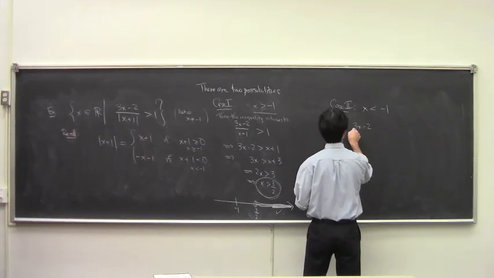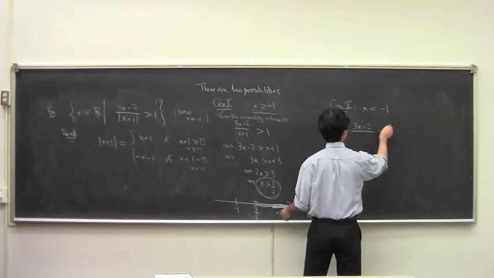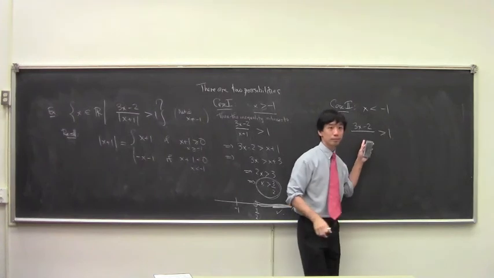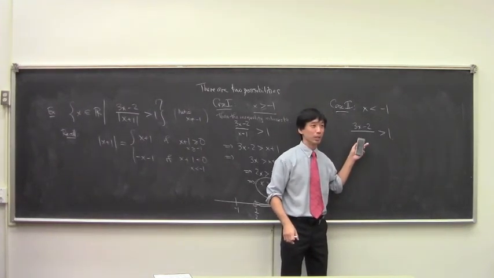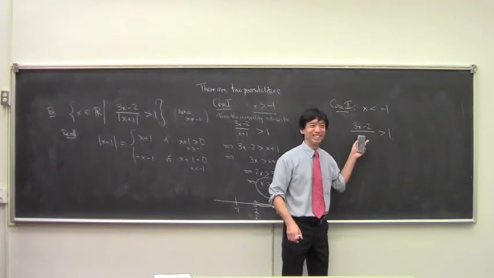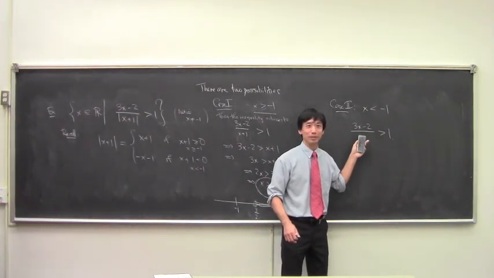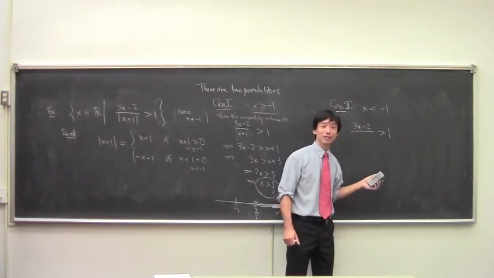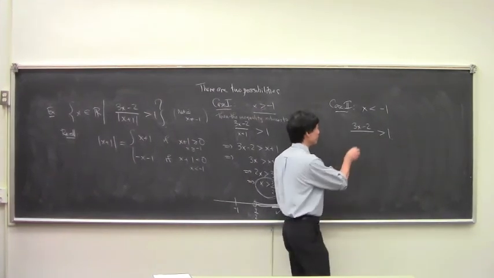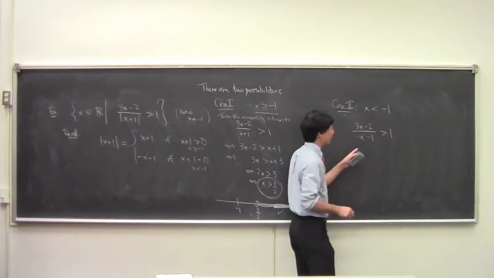3x minus 2, and so what should I write on the bottom here? Alexandra? Negative x minus 1. Okay.